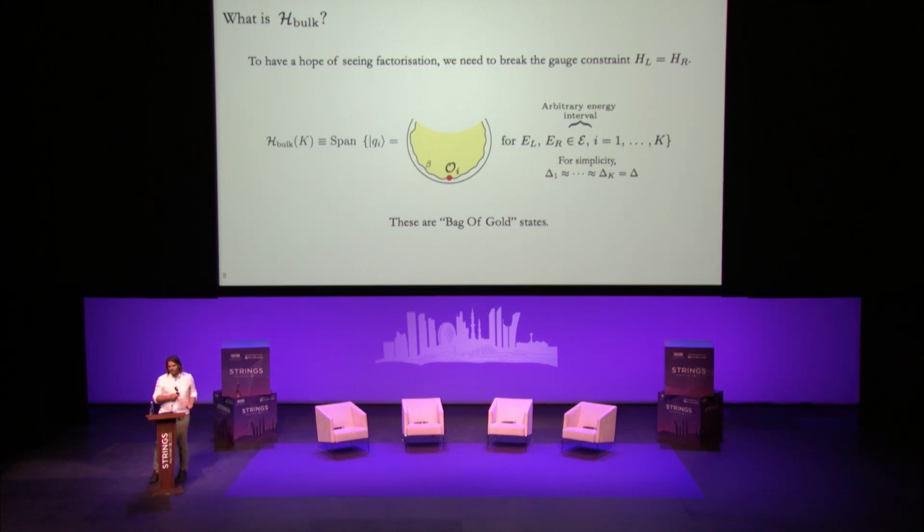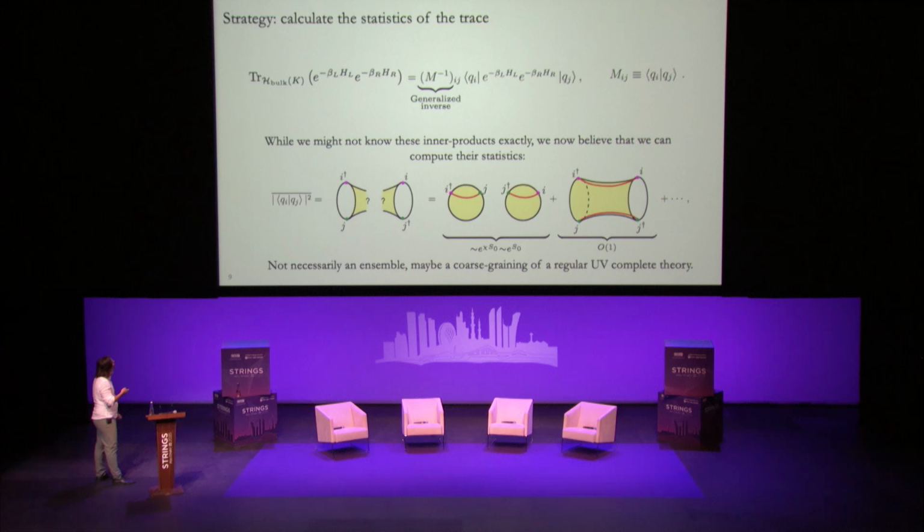The important thing, though, is that this operator insertion now breaks the constraint that h left is equal to h right. So at least we have a hope of seeing factorization for this Hilbert space. In order to calculate trace h bulk, we can expand trace h bulk in terms of the basis of states qi, regardless of whether the basis of states qi is orthogonal or not.